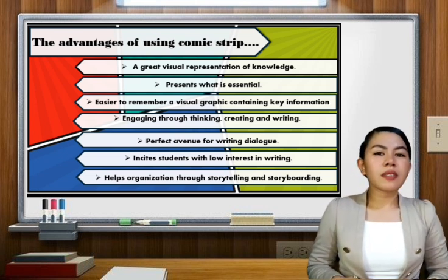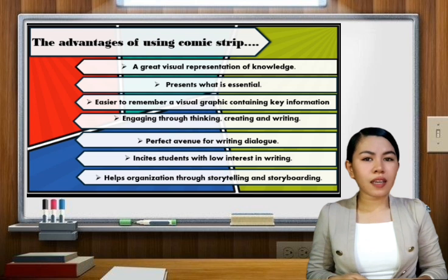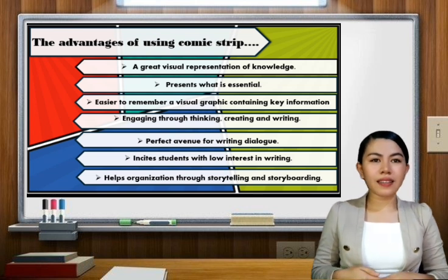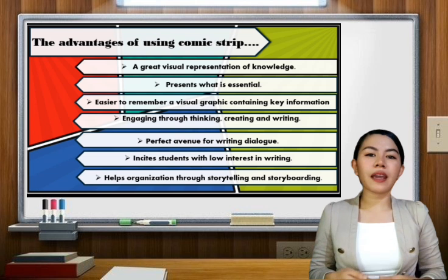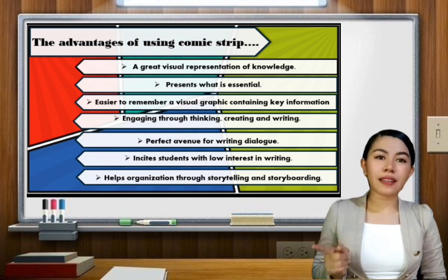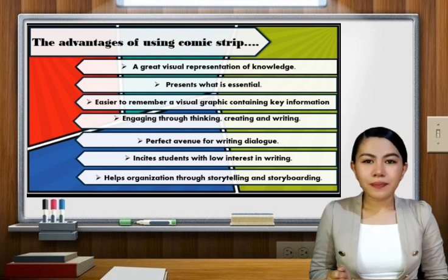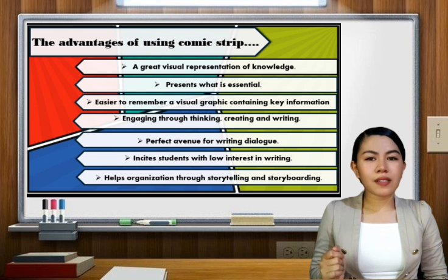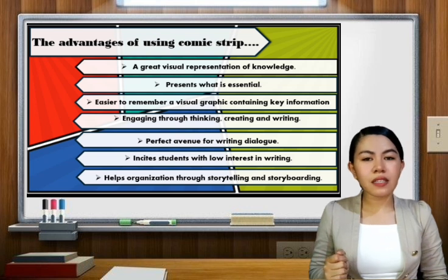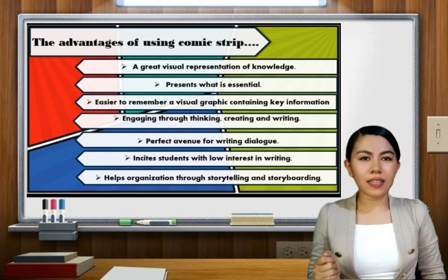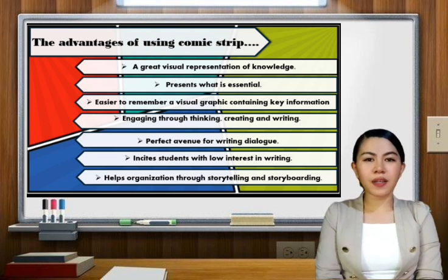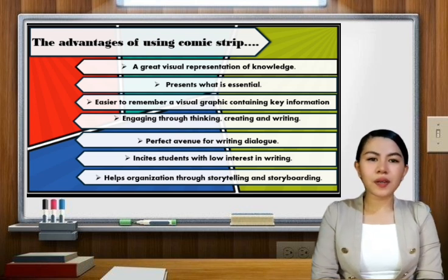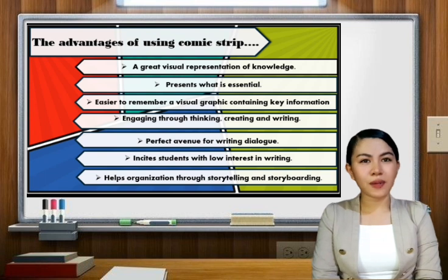And then, comic strip is engaging through thinking, creating, and writing. Comic strip is also a perfect avenue for writing a dialogue. Comic strip also gives insight to students with low interest in writing. Comic strip also helps organization through storytelling and storyboarding.